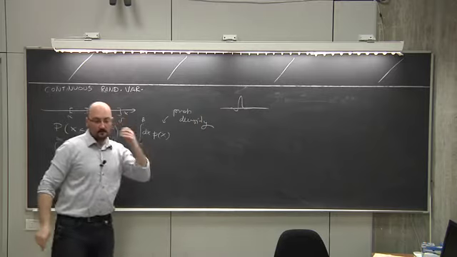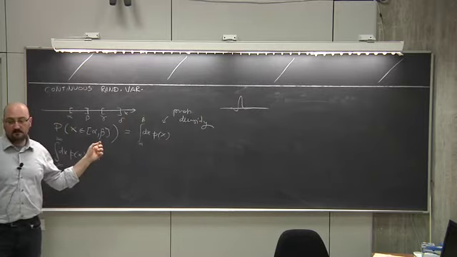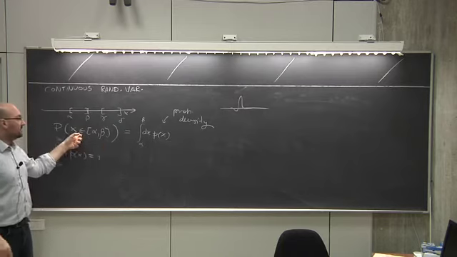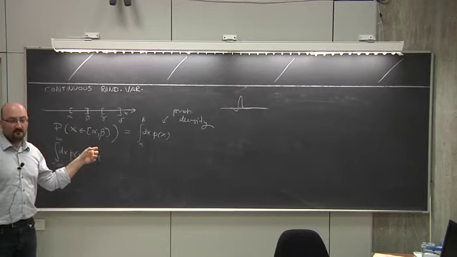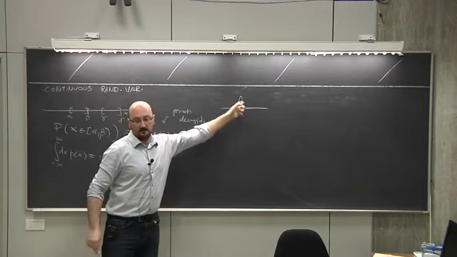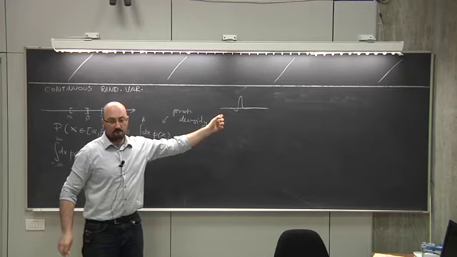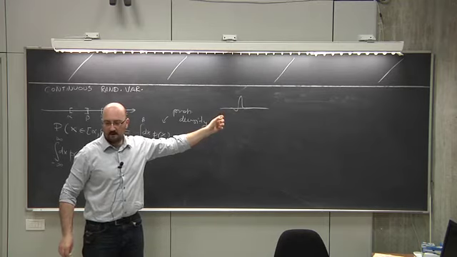What's wrong? Here I'm only talking about integrals, but this probability has to be positive. So could it be that the probability density does something like this? No. Why not?